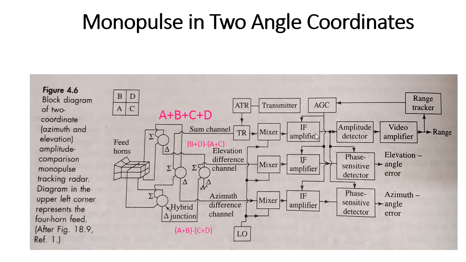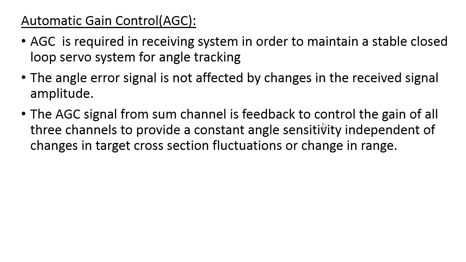Similarly, if the amplitude of the signal decreases, I need to increase the AGC value. The purpose of the automatic gain control is nothing but in order to achieve stability in the gain of the amplified signal. That is the purpose of the AGC here. This is the explanation of the automatic gain controller here.